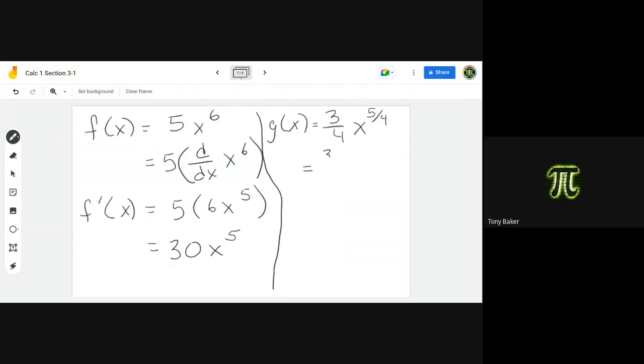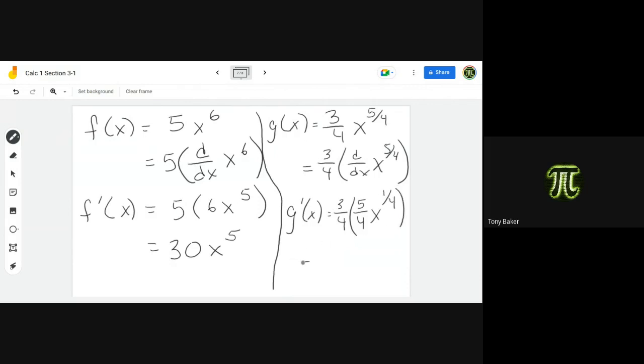So we're looking at the 3/4 goes out in front, and then it's d dx of x to the 5/4. So what's the derivative of x to the 5/4? Yep.